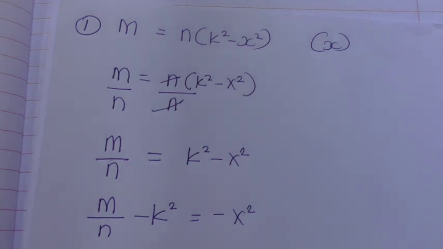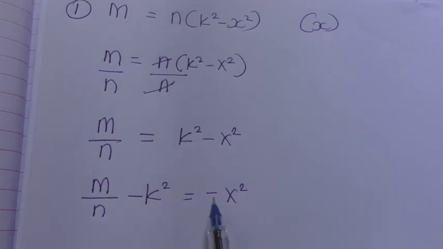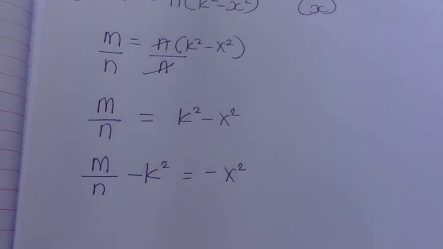But our interest is to remain with x alone. So that means that we are left with two things to do. One is to remove the negative, and another step is to remove the square. So those are the two remaining steps.